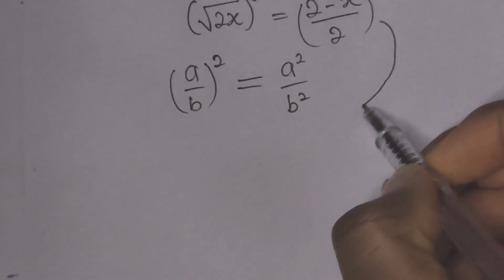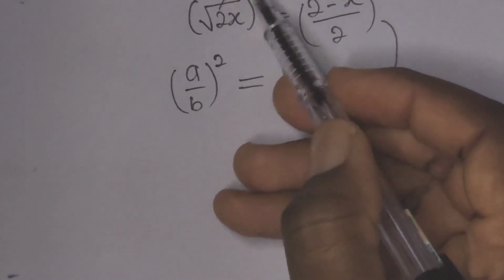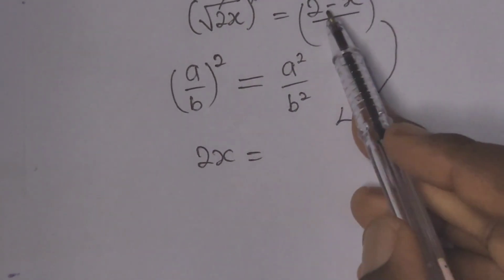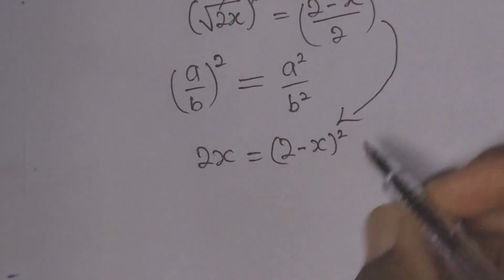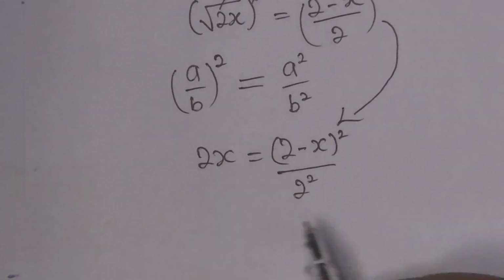So this will cancel this, we have 2x all equal to (2 minus x) all squared all over 2 to the power of 2.